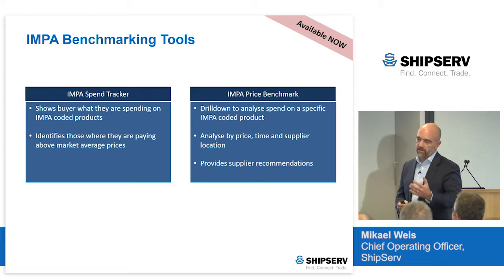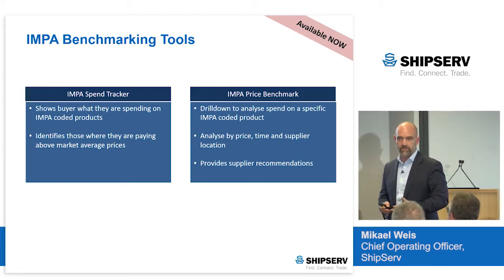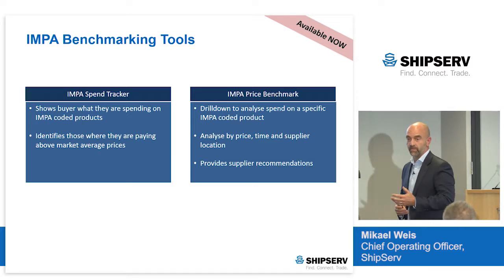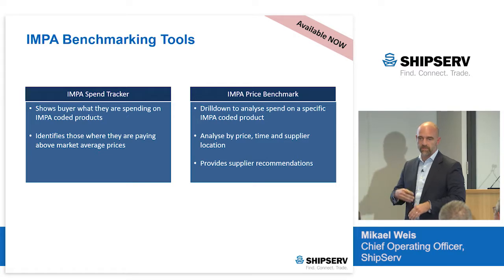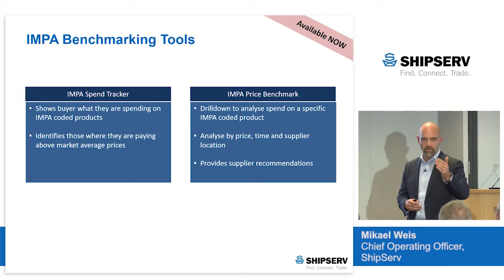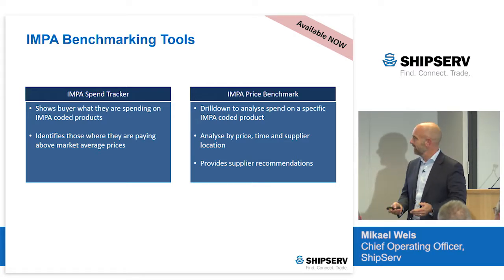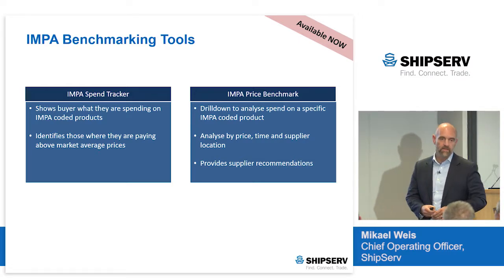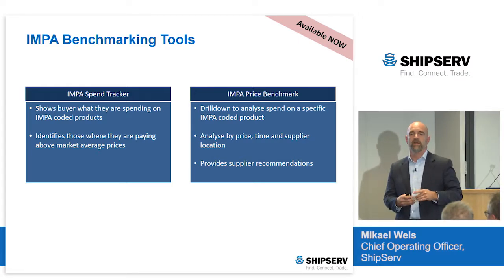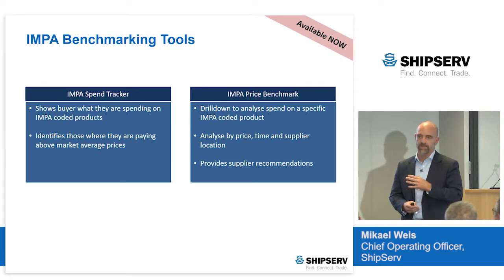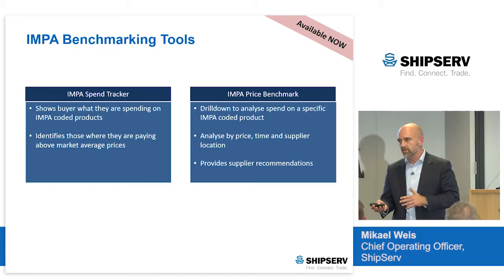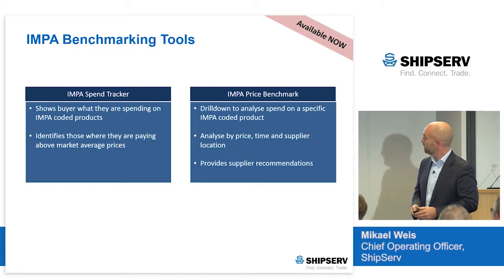So they could actually log in and see a trend of a certain item with an IMPA number, what the price range was in a specific port, to see if what they pay is above or below the average. Again, it's aggregated information, so no specific buyer or supplier is disclosed here, except for the ones that the buyer is actually dealing with. So the suppliers that specific buyer is dealing with is of course visible to that buyer.